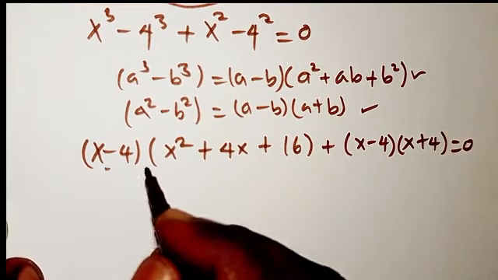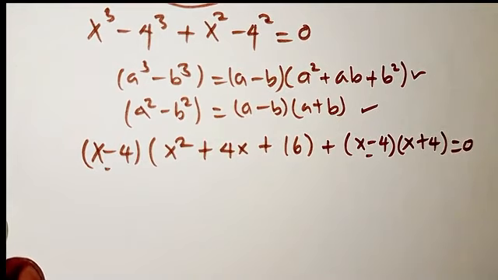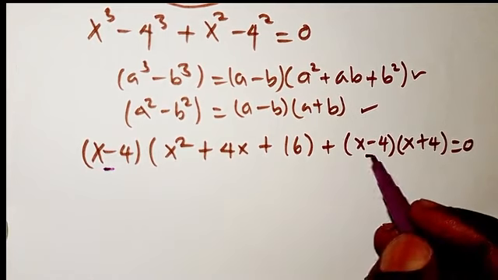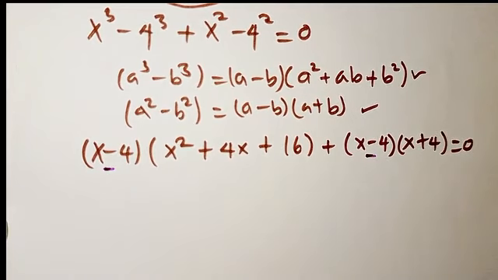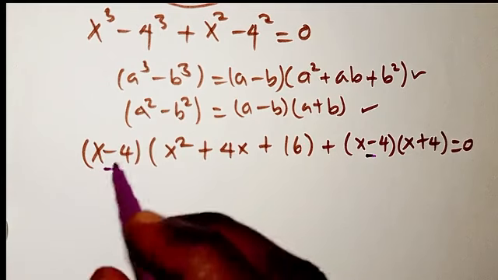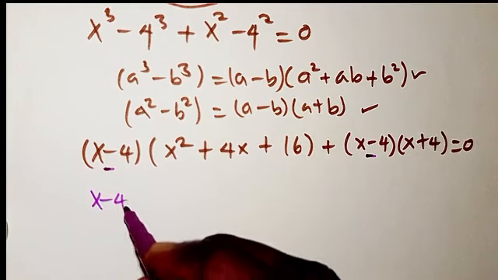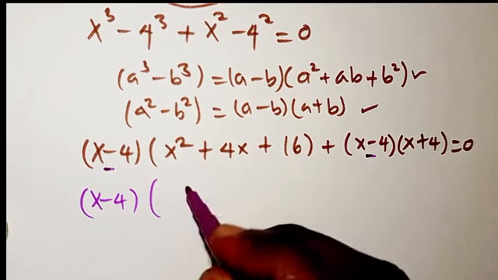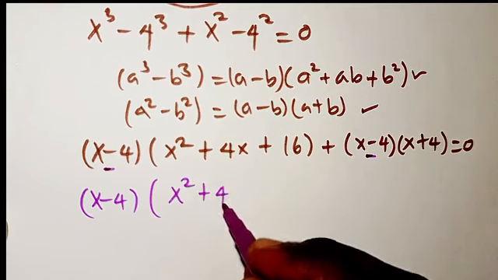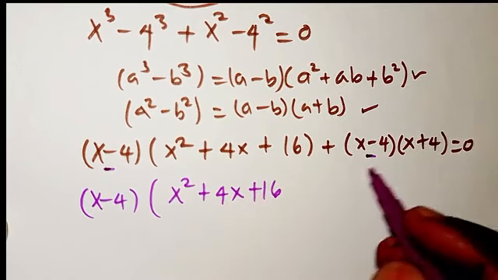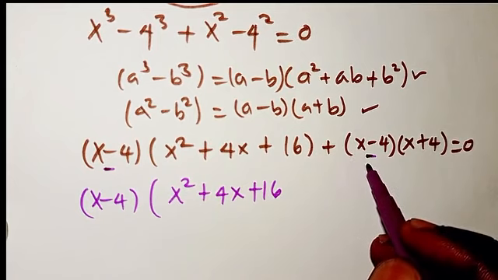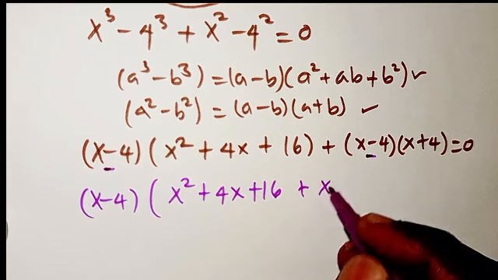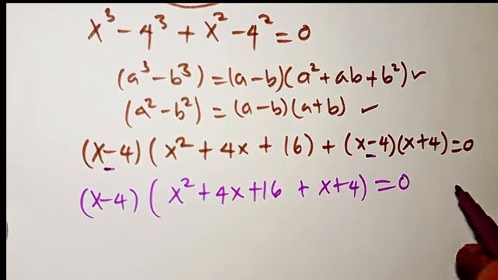Consider we have something common here, common here. So now what are we going to do? We're going to factorize that as well, x minus 4. Then we're going to have all of this, x squared plus 4x plus 16, then everything here is gone, plus x plus 4, then equals 0.